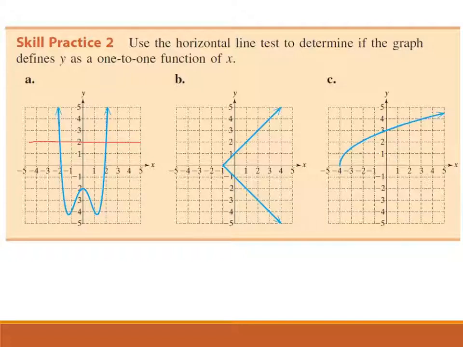And we see that in fact we cross the function at 2 points along the horizontal line, and so therefore this is not one-to-one.